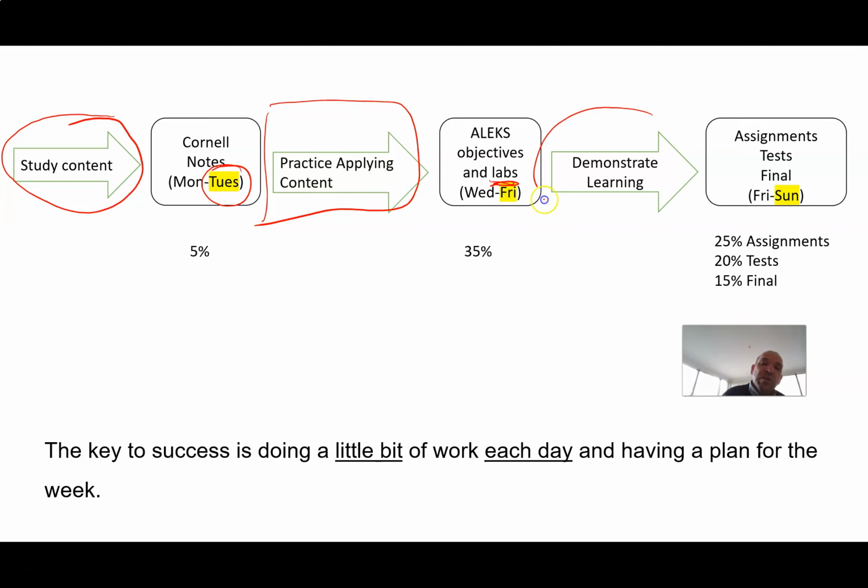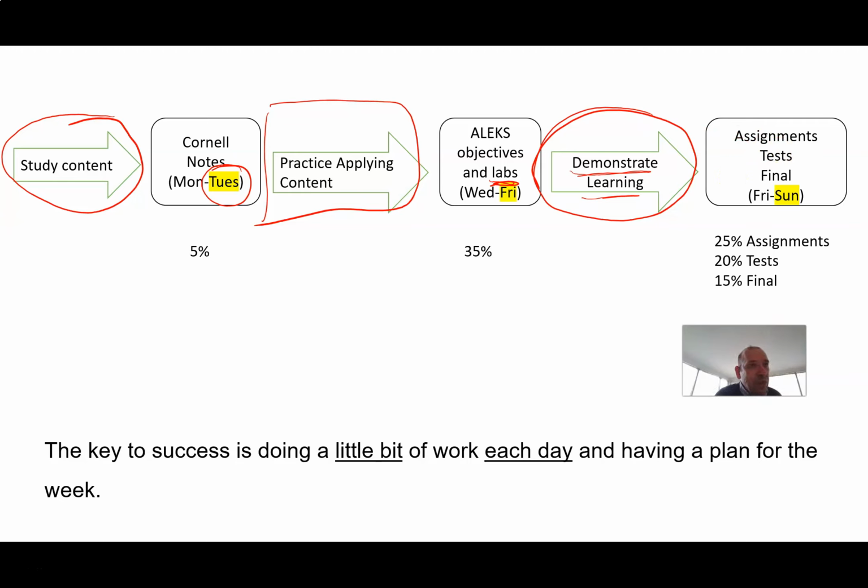But then we move into the testing aspect. You catch your breath after doing the objectives, you review as much as you need to, and then you have to show me that you've retained some of this knowledge and that you can use it effectively. That's where your weekly assignments, tests, and the final come in.